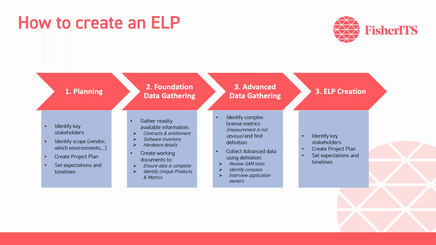So the items that you do not have to dig in too deep, so just collect all contracts and entitlements you can find that are even the slightest bit relevant to try and understand what's all the software we've bought in the past. You don't have to put it all together yet. You can just start filtering out the keywords, seeing what's the software titles, what's the metrics associated with it, and just figuring out what kind of software is out there potentially.